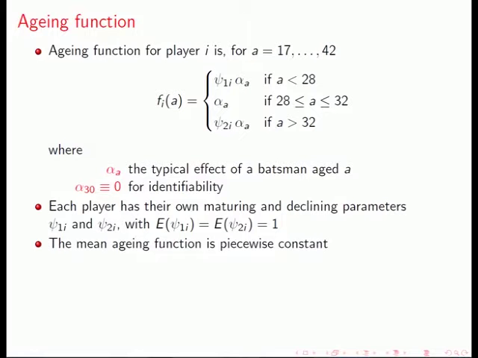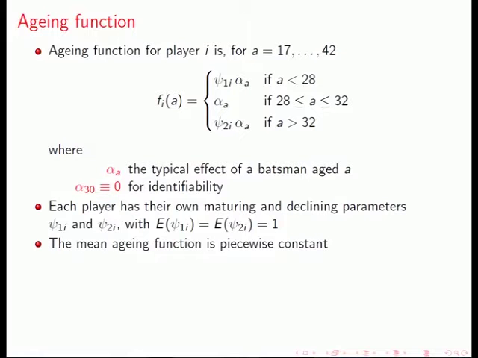So it starts off, and every year it changes. Okay? We're not restricting it to be monotonically increasing and then decreasing or anything like that. So we've got quite a bit of flexibility here.